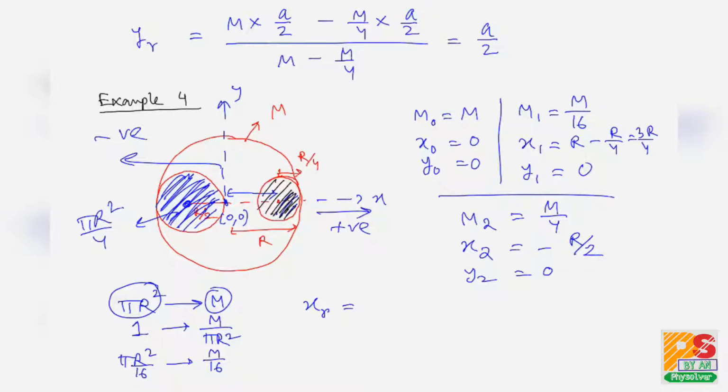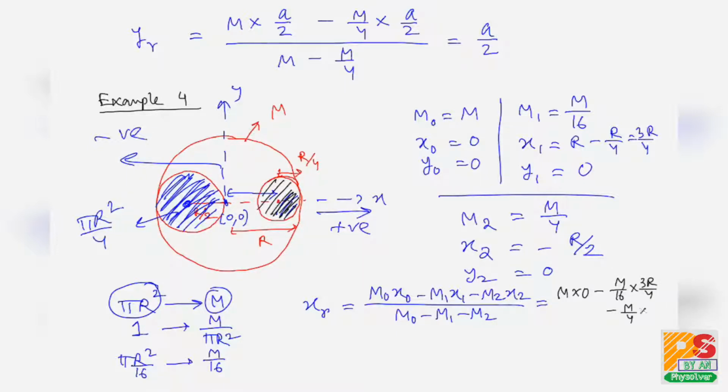xr is m naught x naught minus m1 x1 minus m2 x2 divided by m naught minus m1 minus m2. Putting the values: m naught is m, x naught is 0, minus m1 is m by 16, x1 is 3r by 4, minus m2 is m by 4, x2 is minus r by 2. So don't forget the negative sign, divided by m minus m by 16 minus m by 4.